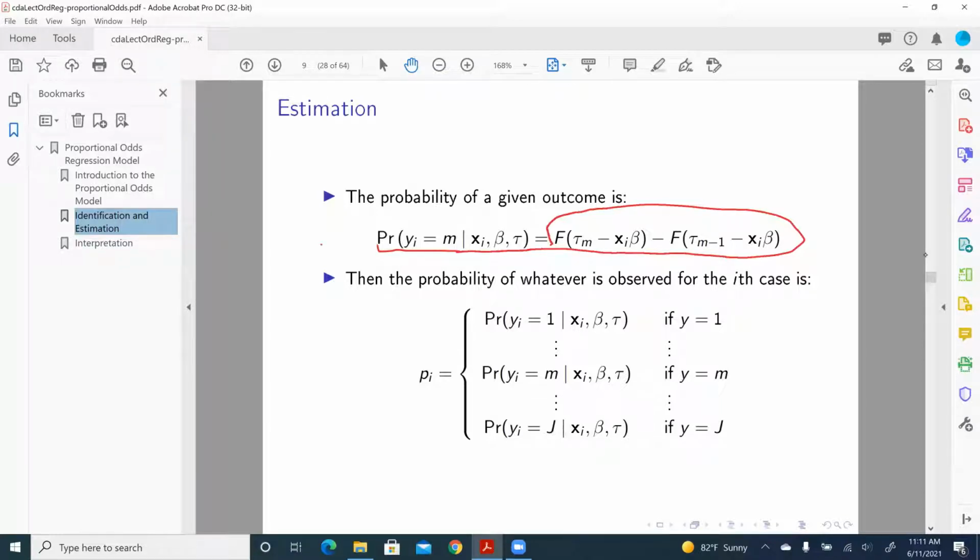Okay, so here is this individual probability. What we're going to do, if you recollect what we did for the binary regression model, is we want to express the probability of observing the data.